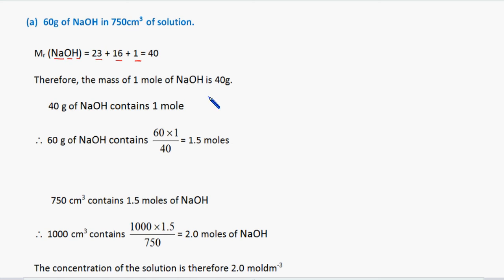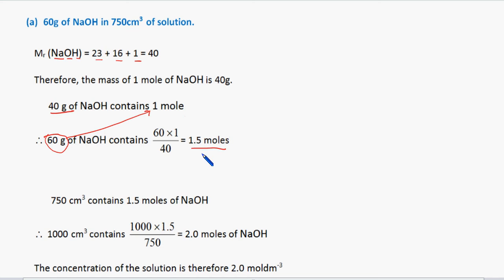What we need to do is to find out how many moles of sodium hydroxide 60 grams gives us. We know that 40 grams of sodium hydroxide contains 1 mole. Therefore, 60 grams of sodium hydroxide contains 60 multiplied by 1 divided by 40, and that gives us 1.5 moles.